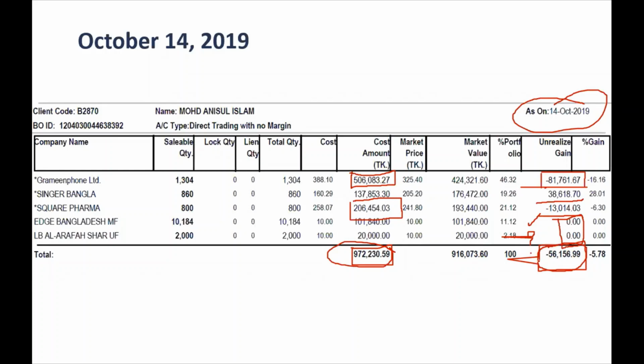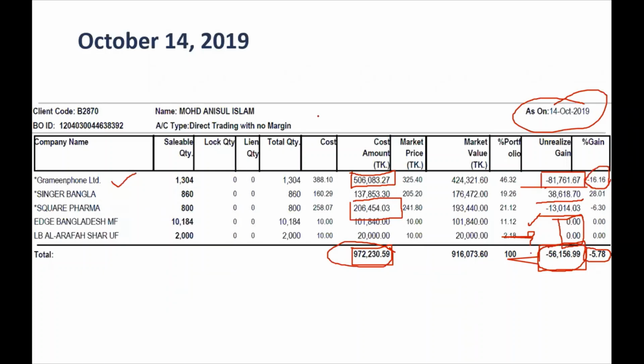Let me ask you a simple question. If I would not invest any amount of money in other companies or mutual funds other than Grameen Phone, what would be my loss percentage? Would it be 5.78% negative, or 16.16% negative? 16.16% negative.